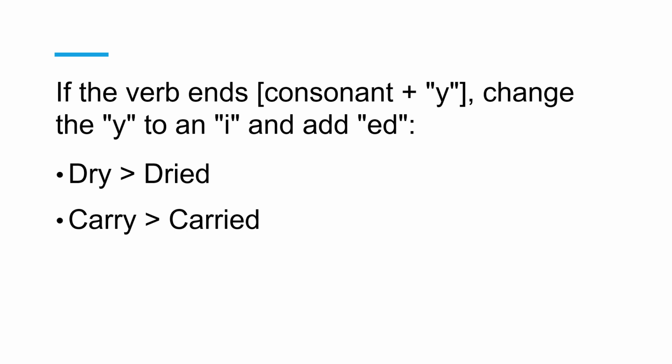Now, if the verb ends with a consonant and then Y, then change Y to I and then add ed. Such as dry. In dry, you can see that there is a consonant, which is R, and then Y. Similarly, in carry, there is a consonant and then Y. So what are we doing?